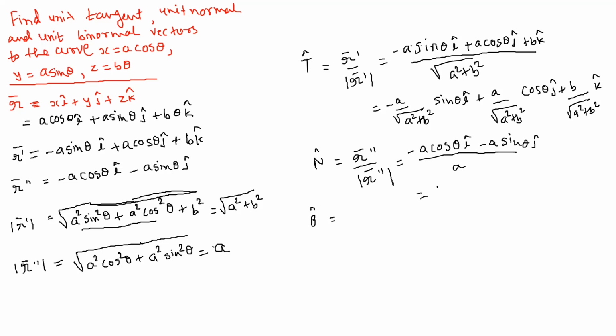So you can write this as minus cos theta i cap minus sin theta j cap. So minus cos theta i cap minus sin theta j cap is your answer. Very good.